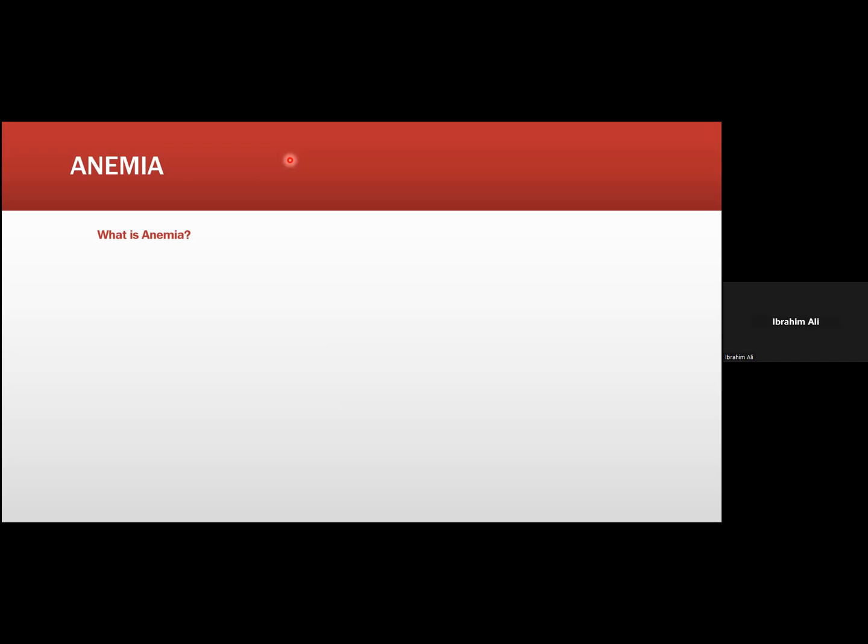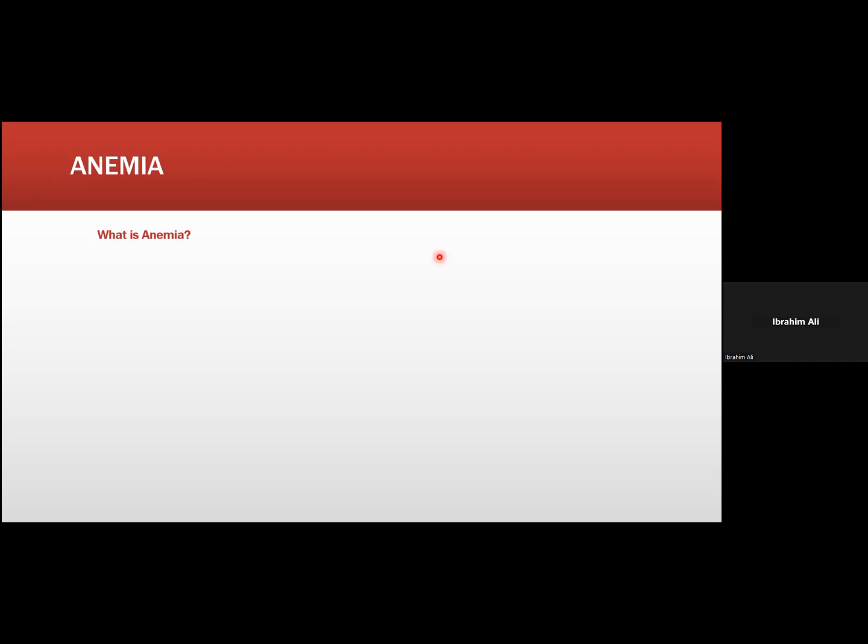Okay. So for anemia, you have to say 4 things. In your definition, you must have reduction in hemoglobin in accordance to 3 things. Yeah, sex, you have to mention about sex. You have to mention about geographical location.